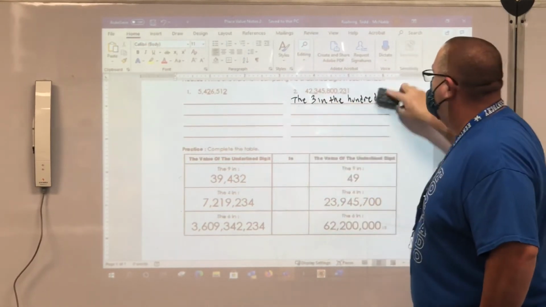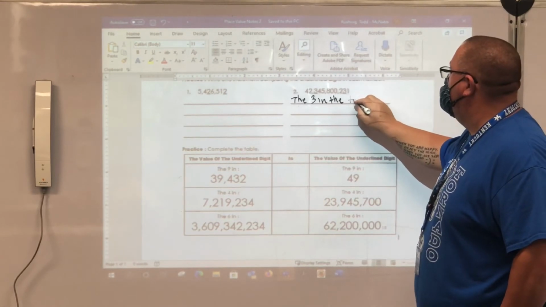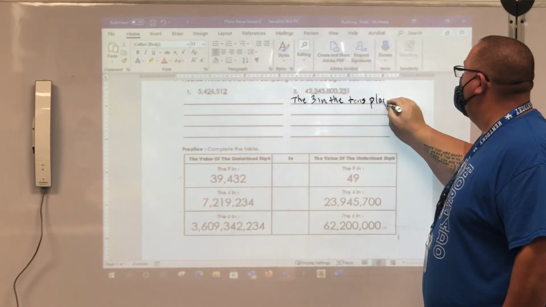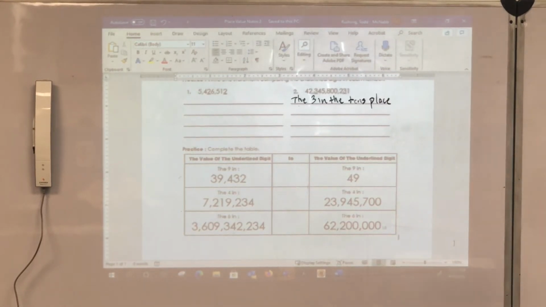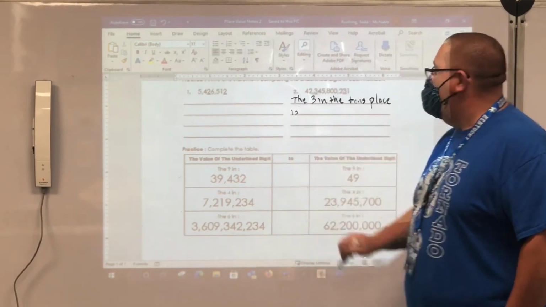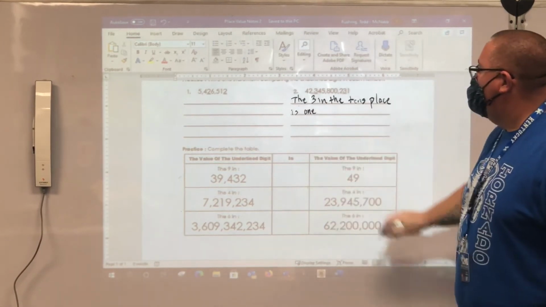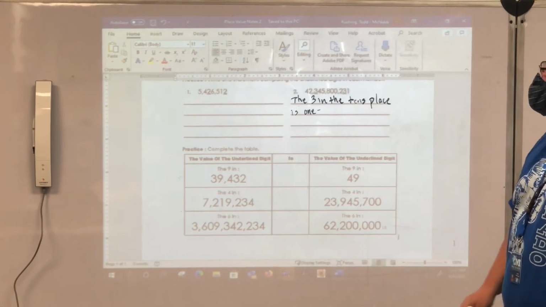We're doing it differently. The 3 in the tens place is, what did we say?